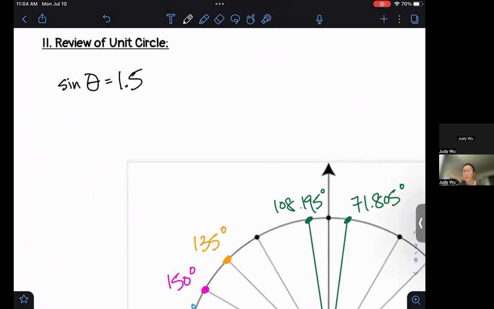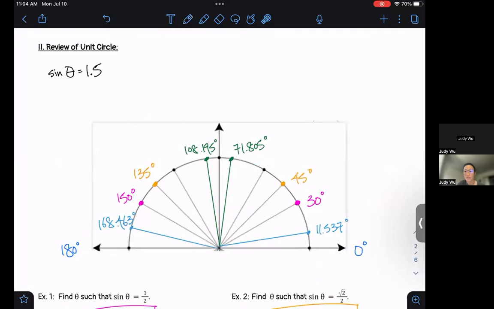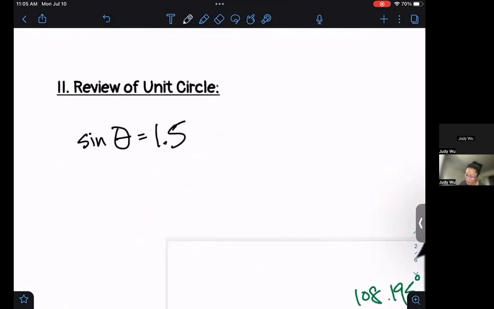Theta is the angle that has a y value of 1.5. I don't see an angle on here with a y value of 1.5. This is 1. 1.5 is like up here, okay? So sometimes we get sine theta equals 1.5. That means there's no theta possible, right? No possible angle.